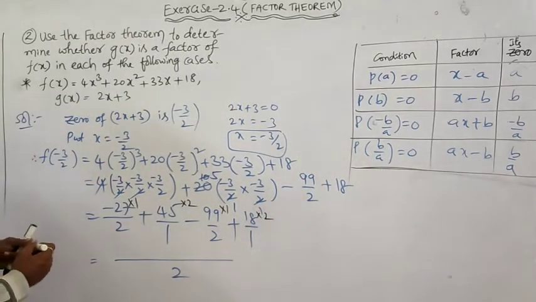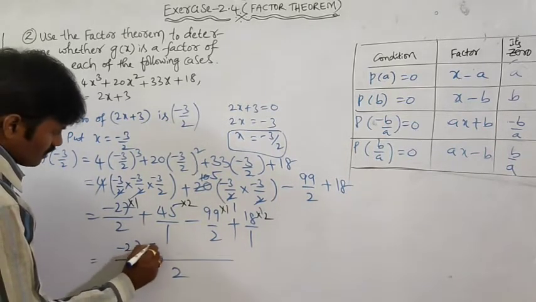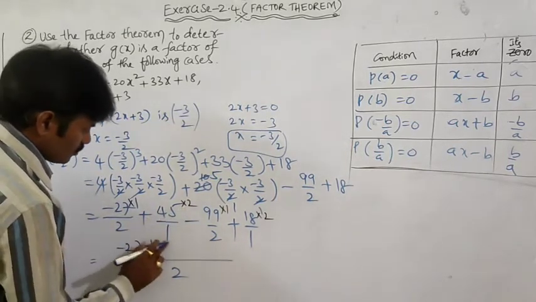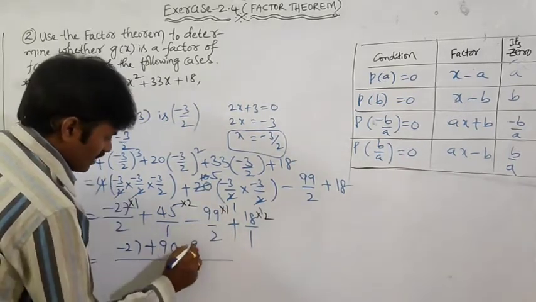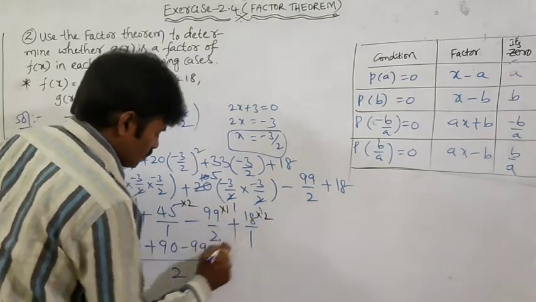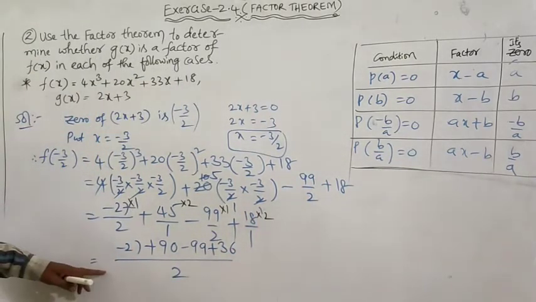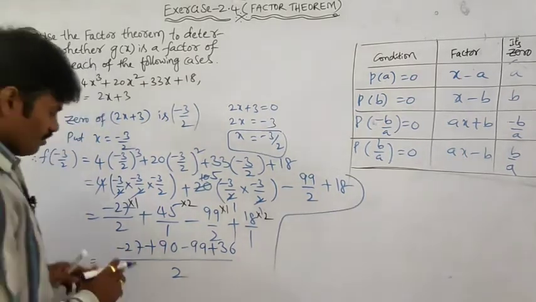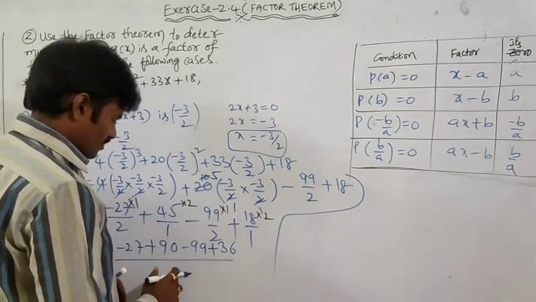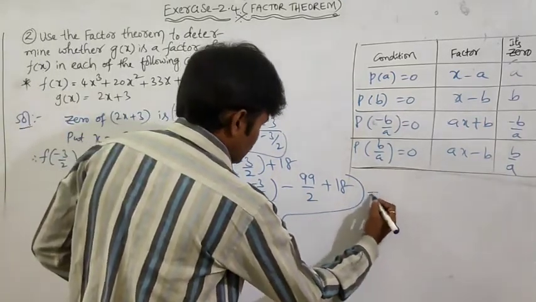So what will be the numerator? Minus 27 into 1, minus 27 plus 45 into 2, 90, minus 99 into 1, minus 99 plus 18 into 2 plus 36. Now simplify it. How much do we get here? According to BODMAS, add positive numbers at once, next negative numbers. So what are the positive numbers here?